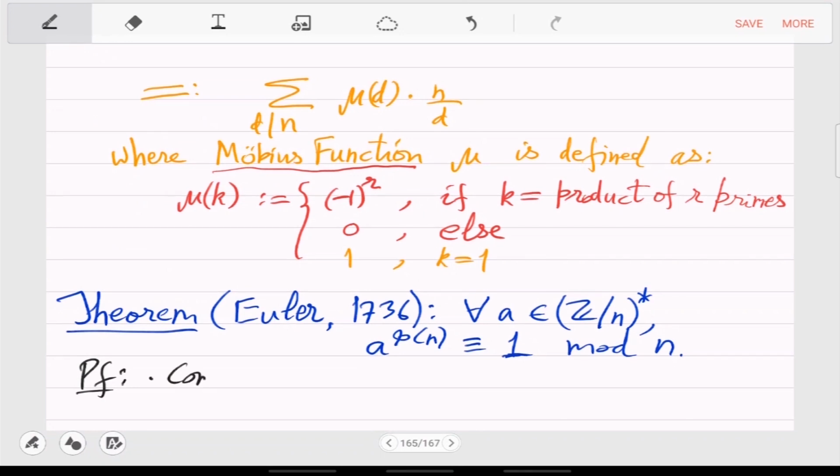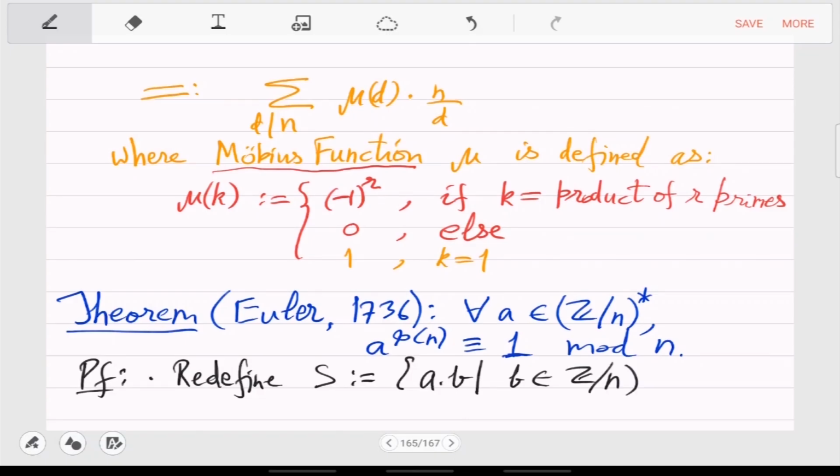So consider or redefine that S to be a times b, where b is in Zn star. So in other words, take all those numbers b that are co-prime to n and scale it up by a, multiplied by a.